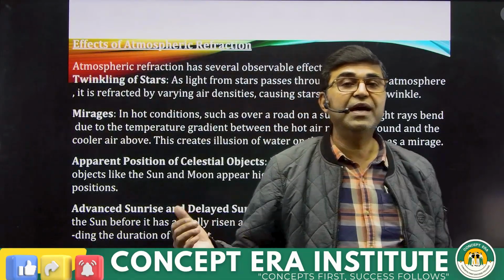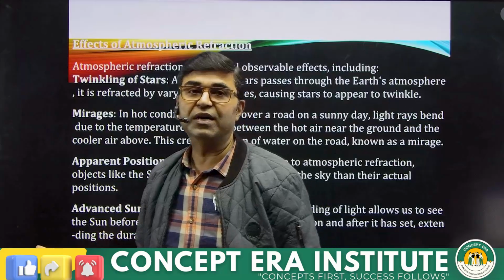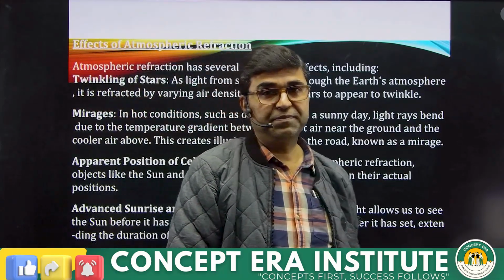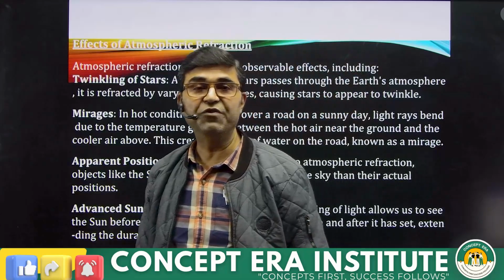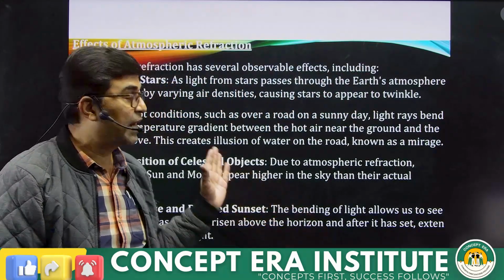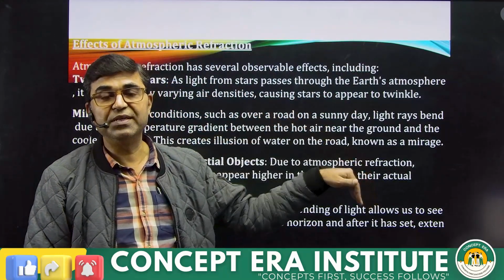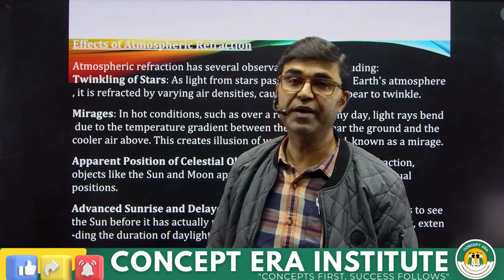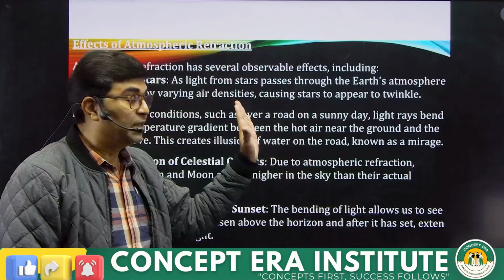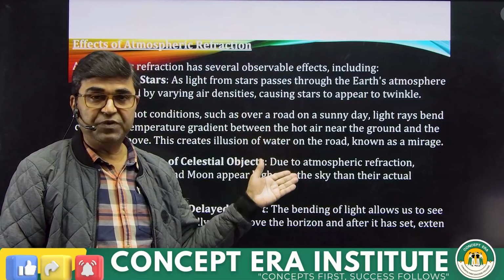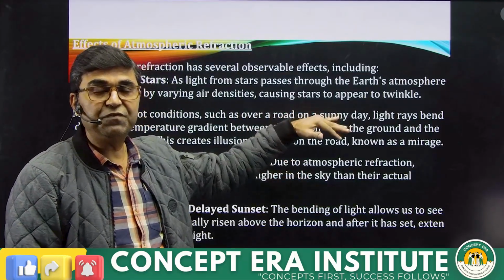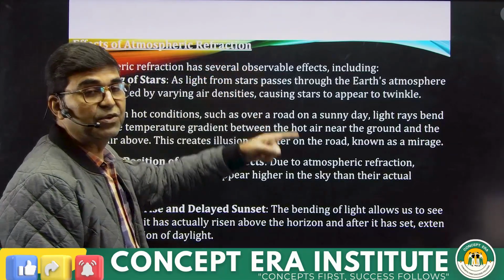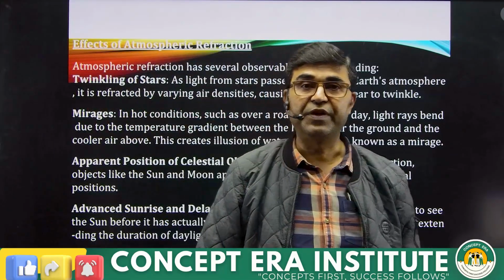Now, when the light is coming from the sun or the stars, it is traveling through space, and space has nothing, only vacuum is there. But when that light, which is traveling through space, enters the atmosphere, it suffers refraction. Why? Because the refractive index of the atmosphere is slightly higher than that of space, and that effect is known as atmospheric refraction.